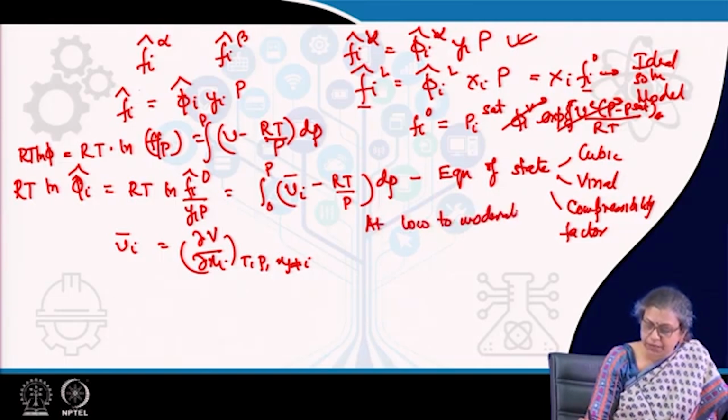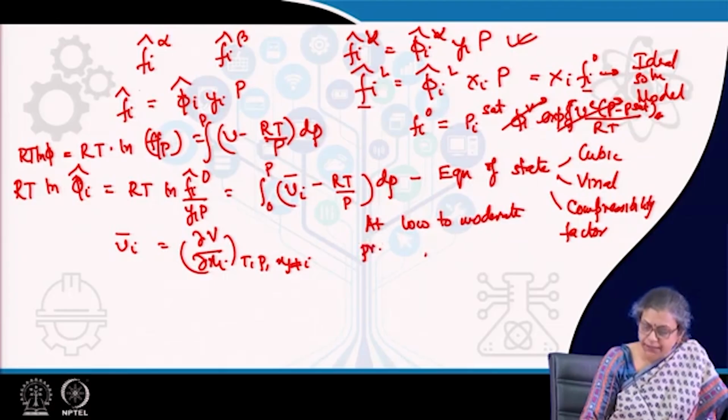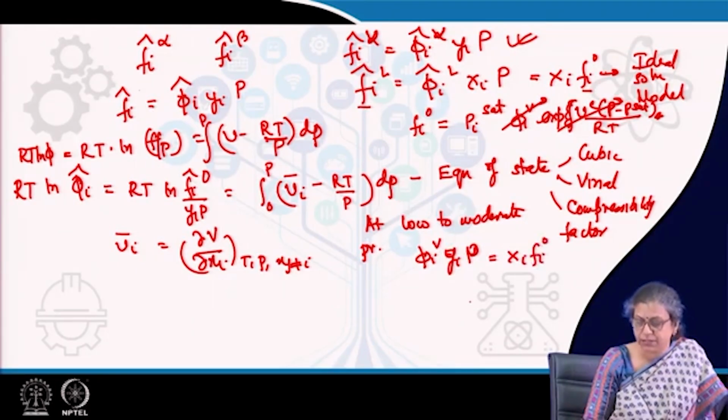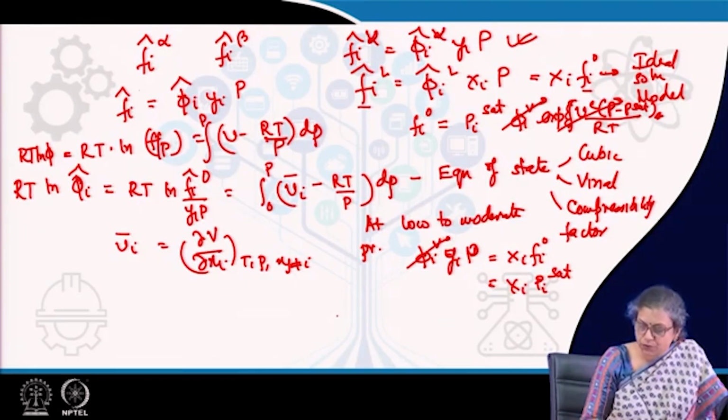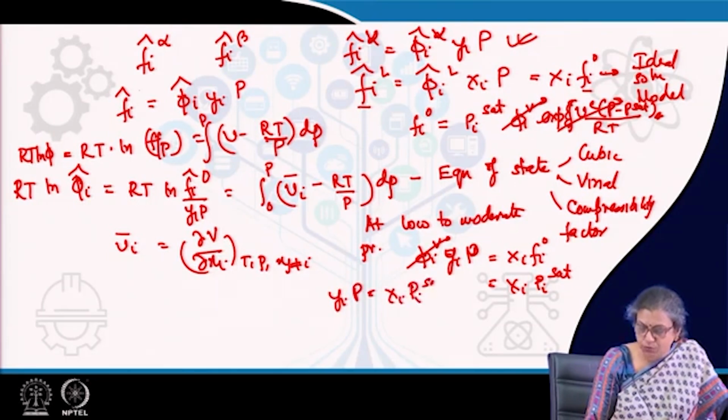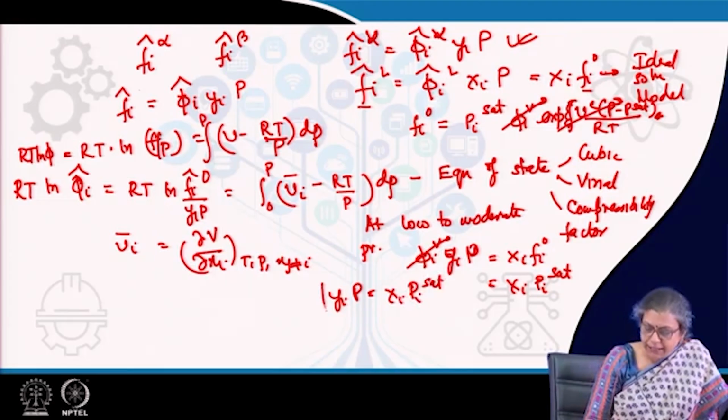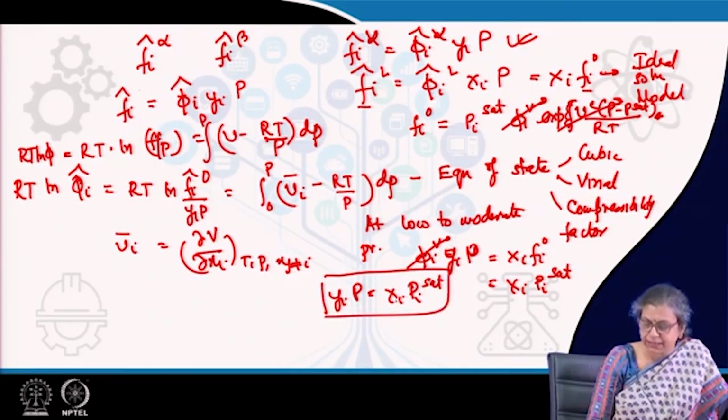At low to moderate pressure, for a vapor liquid equilibrium, phi_i V times y_i times P is equal to x_i f_i0. In other words, for low to moderate pressure, this becomes x_i P_i saturated, and this also becomes equal to 1. So, we get Raoult's law at low to moderate pressures, and the xy data are generated from this equation.